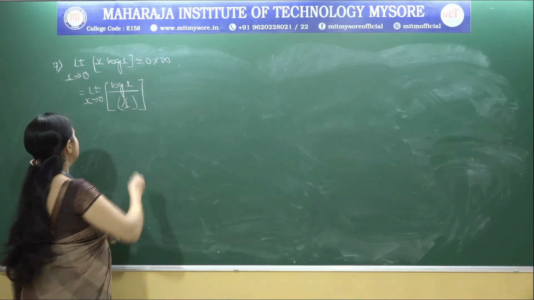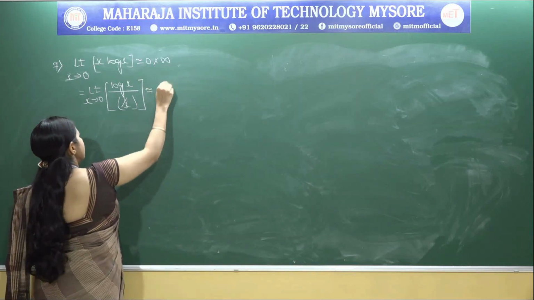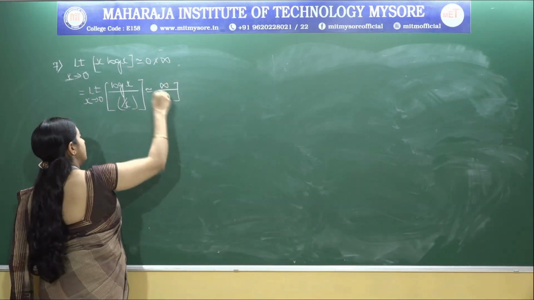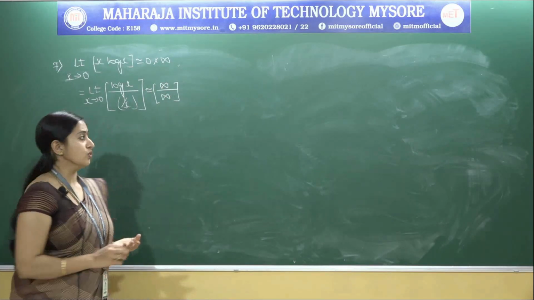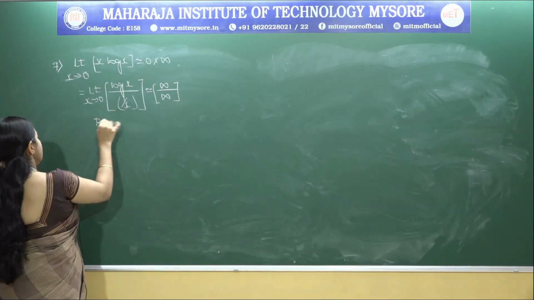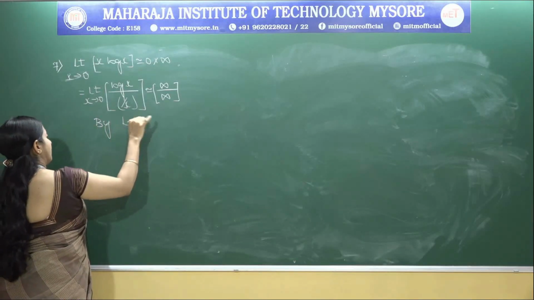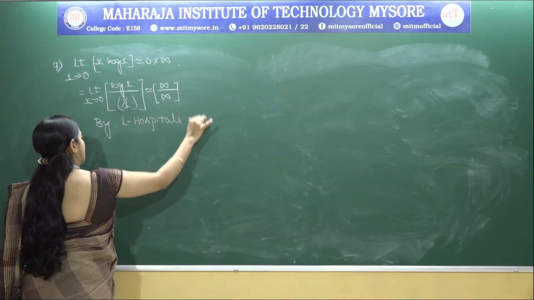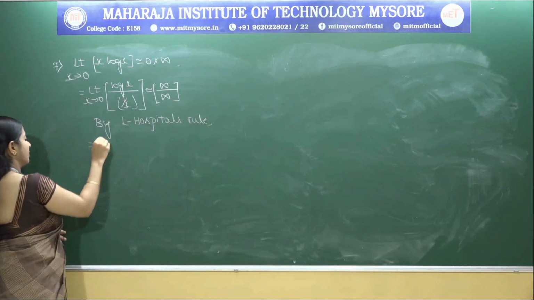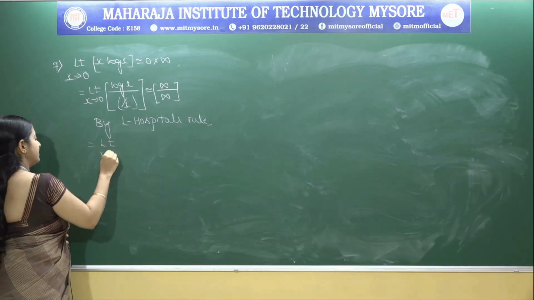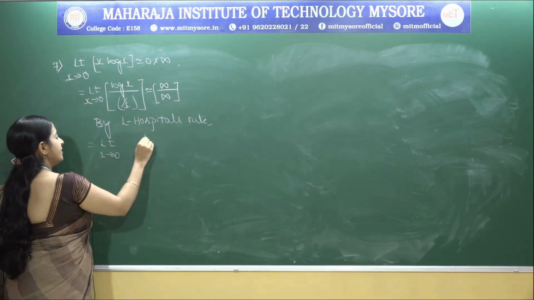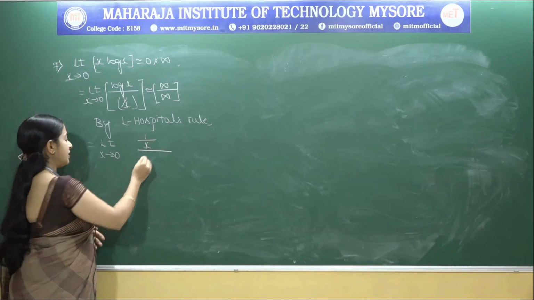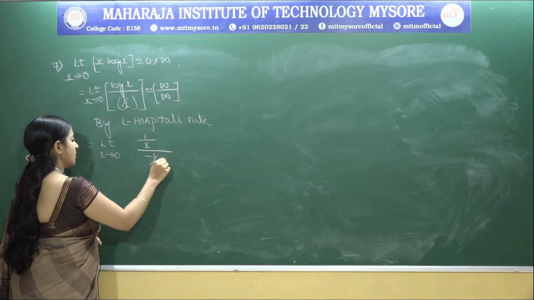Now we apply the limit. The log 0 is infinity, and here the 1 by 0 is infinity. Now we can apply the L'Hospital rule. By L'Hospital rule, the limit of x tends to 0, the log x differentiation is 1 by x, and 1 by x differentiation is minus 1 by x square.